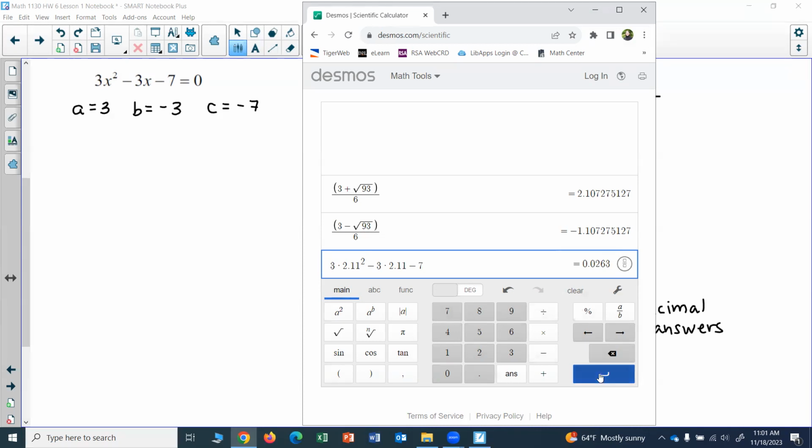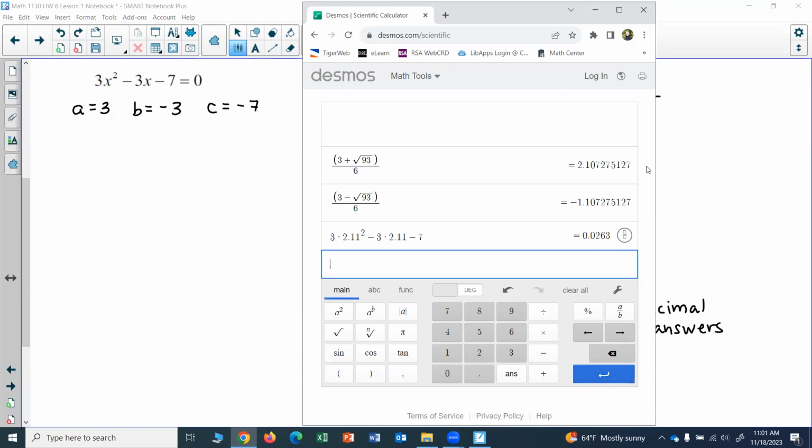If I wanted to check even more accurately, I could put in this entire decimal that I found. I could put in 3 times 2.107275127 squared minus 3 times that number, 2.107275127, minus 7.